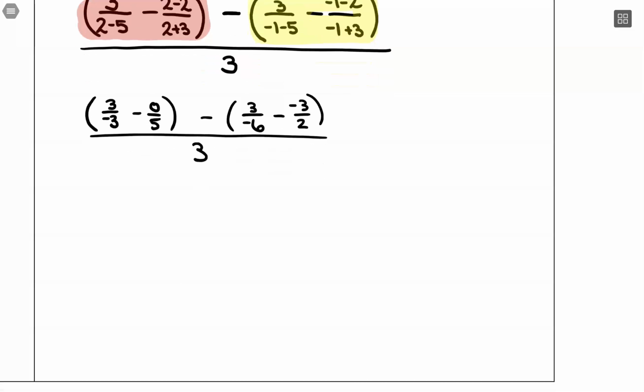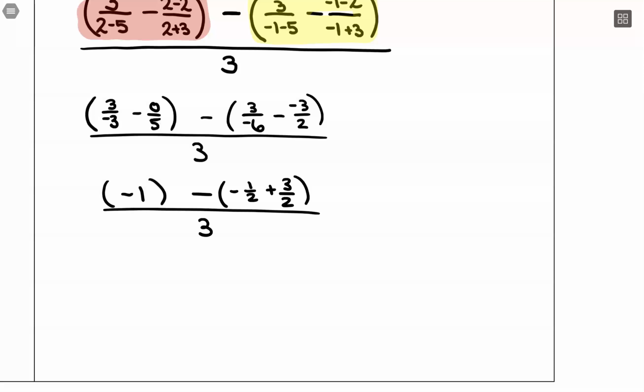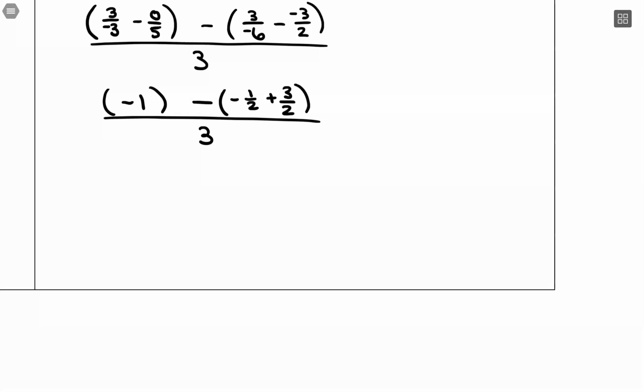So in that first set of parentheses, I have a -1, and then minus 0, so that'll just be a -1, minus a -1/2 plus 3/2, all over 3. And we're going to keep going. So -1 minus 3/2 minus a 1/2 is going to be 2 over 2, so that's just 1, all over 3. So this simplified pretty nicely to a -2 over 3.